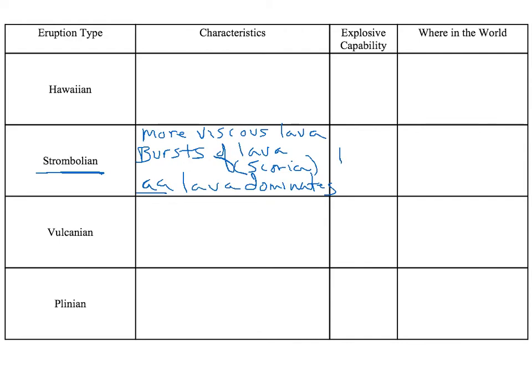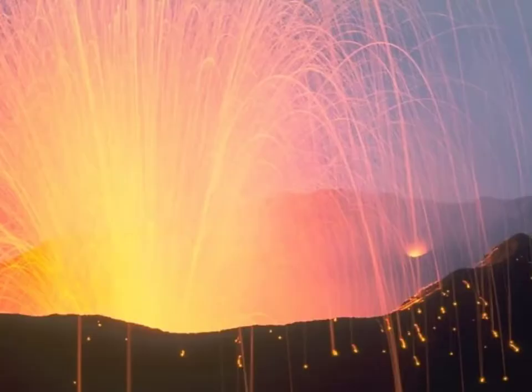Explosive capability is from 1 to 2 on the VEI scale, and where in the world? Well, it's named after Stromboli. This is an island off of the country of Italy. Pictures of what this looks like.